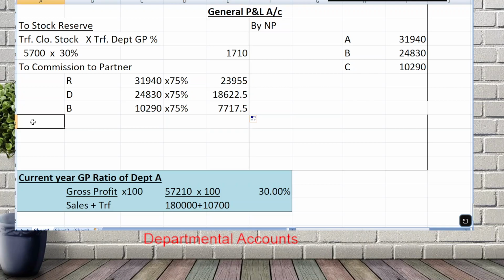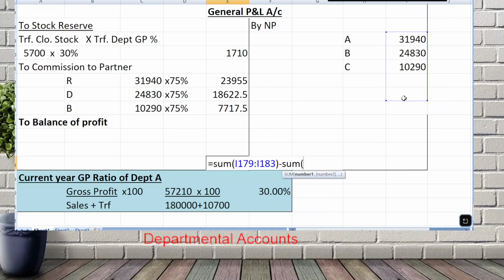Then wait one minute. Balance of profit. What do you mean by balance of profit? Now tally this. Total of credits minus debits so far. Debit means including the stock reserve. What is the balance of profit? 15,055. How is the balance of profit shared?